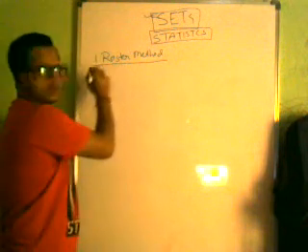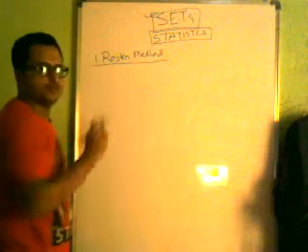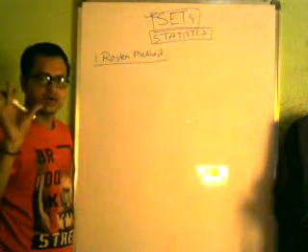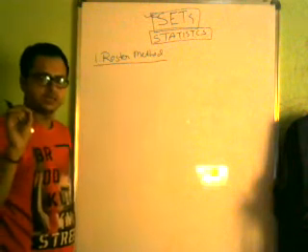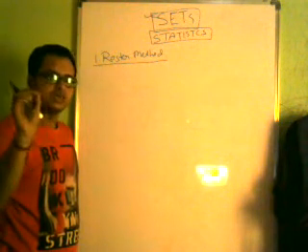In the roster method, each and every element is listed and separated by commas in curly brackets.